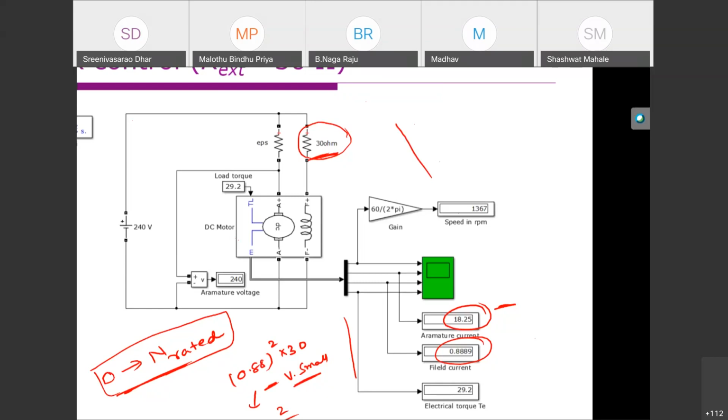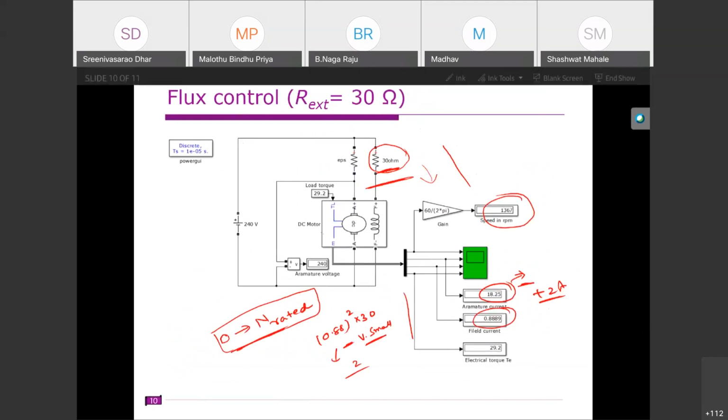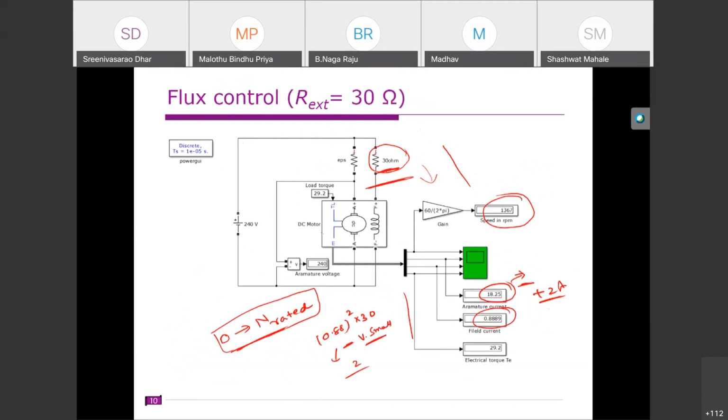For instantaneous changes in the loads, they may use these methods. Here also the current will be increased by almost 2 amperes from 16 to accommodate this extra speed. Clear?